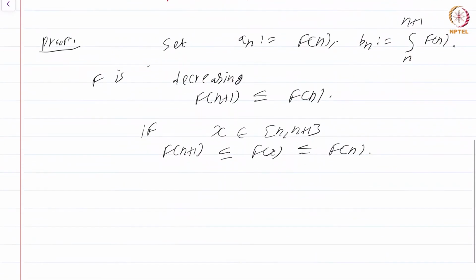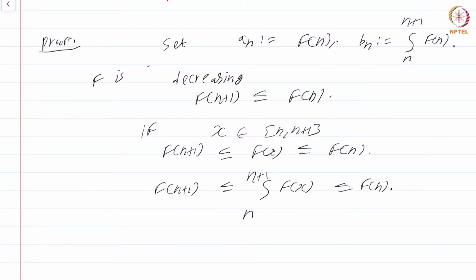Okay, in other words, if I integrate from n to n plus 1 this set of inequalities, what I would get is f(n plus 1) is less than or equal to the integral from n to n plus 1 of f(x) is less than or equal to f(n), obviously. Integrating the entire inequality from n to n plus 1. That just means that the area of the region under the graph of the function from n to n plus 1 is dominated by f(n) and dominates f(n plus 1).